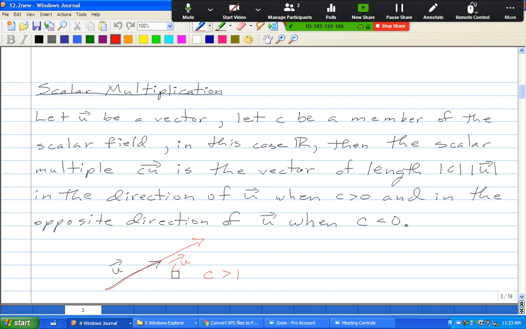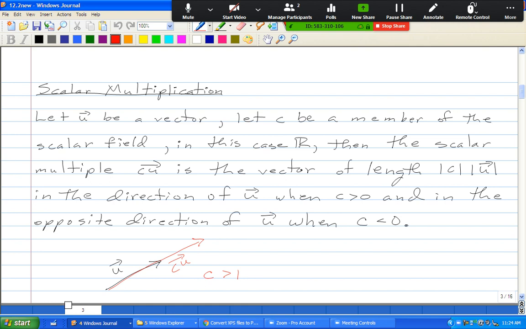In the same direction, assuming c here is positive, as u, and it just lengthens or compresses the vector u. If c is greater than 1, then cu will be some vector that's c times longer than the vector u. If c is less than 1, then it'll be c times shorter than the vector u. And of course, if c is negative, then it'll be the same thing but in the opposite direction.